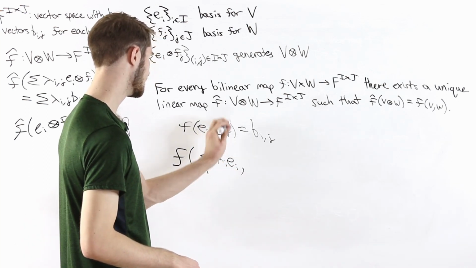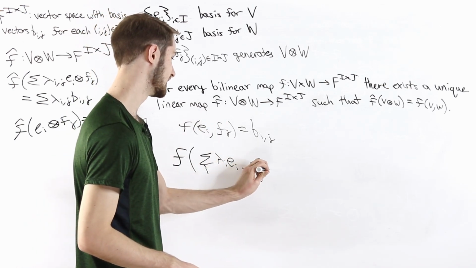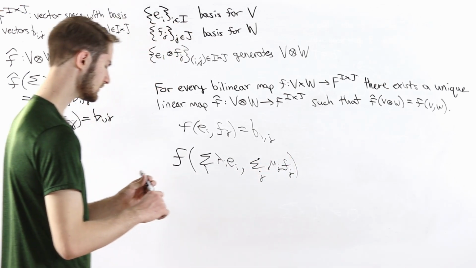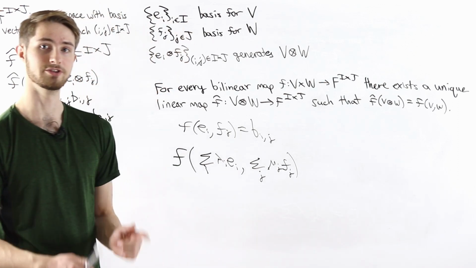And we can write any element of W as sum over j of, let's say, mu j times fj. So this is an arbitrary element of V. This is an arbitrary element of W.